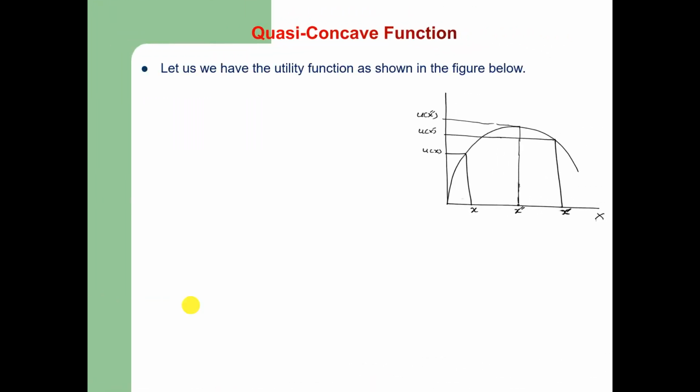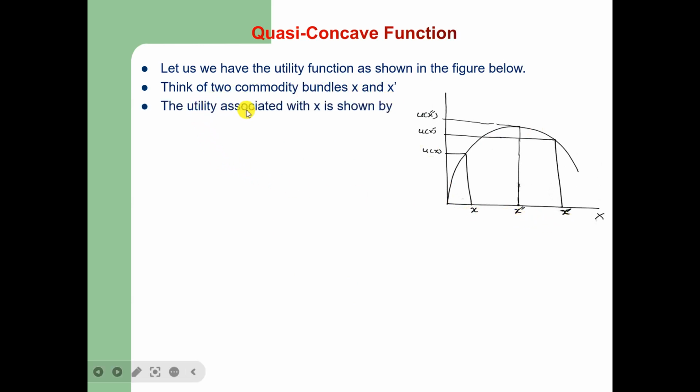Further, we may have a utility function as shown in the figure below. We may think of two commodity bundles, x and x prime. This is x and this is x prime. The utility associated with x is u of x, whereas the utility associated with x prime is u of x prime.